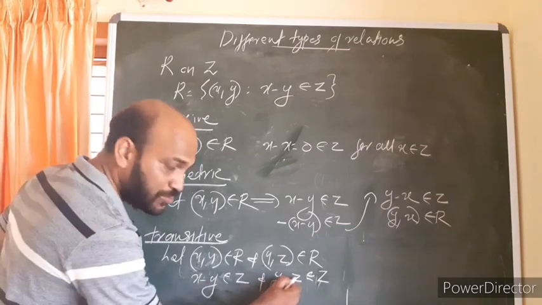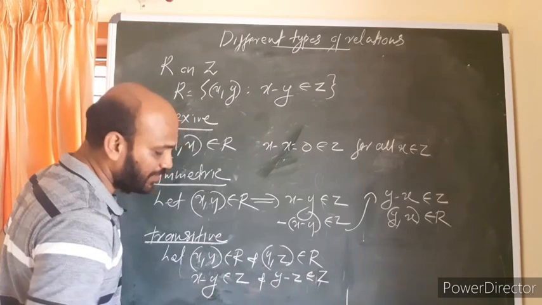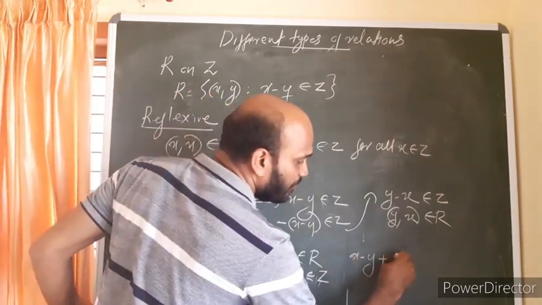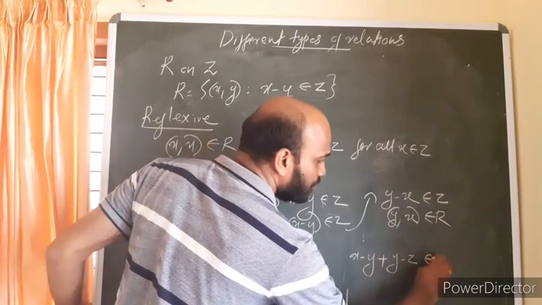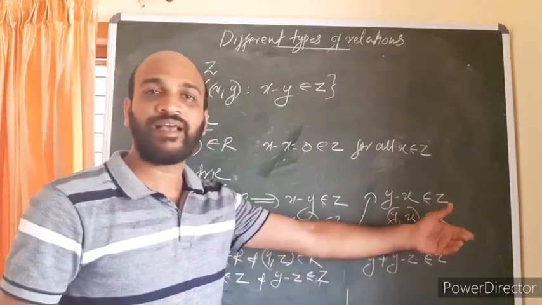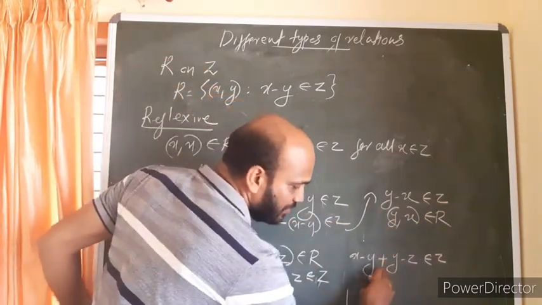We can add these two, because integer plus integer is another integer. So (x minus y) plus (y minus z) belongs to Z. Reason is integer plus integer is another integer. So minus y plus y get cancelled.